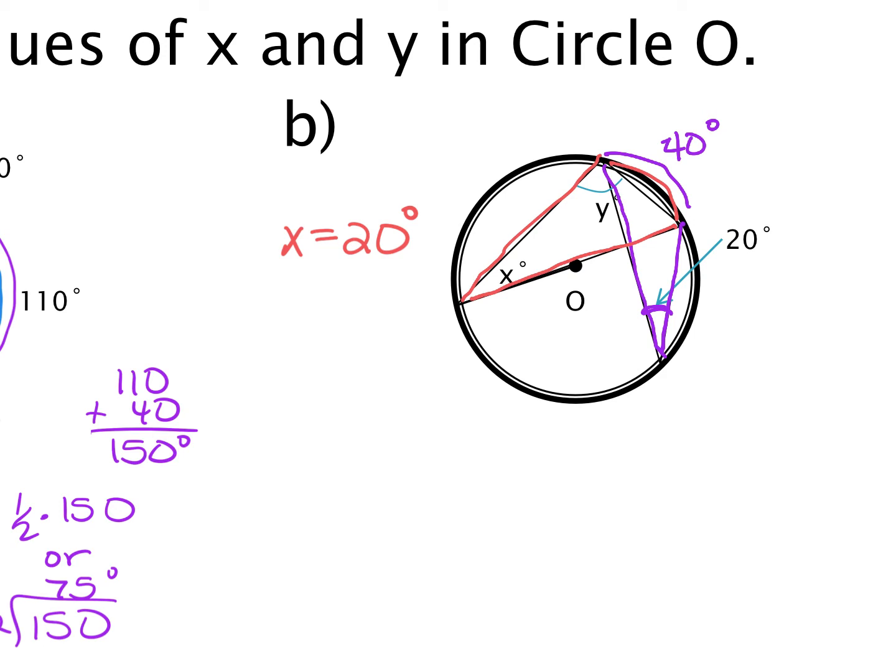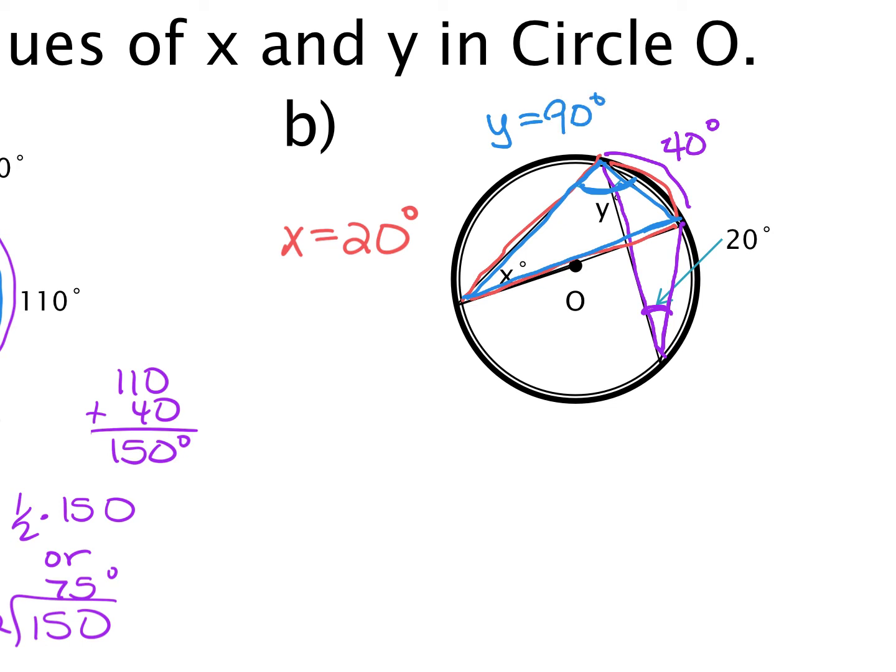Next, what I'm going to use is my inscribed right triangle theorem to find angle y. Because if you notice here, I have an inscribed triangle inside a semicircle, making this angle y 90 degrees.